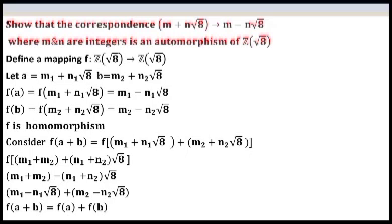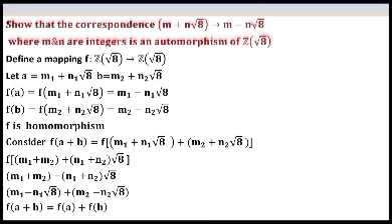Let a is equal to m1 plus n1 root 8 and b is equal to m2 plus n2 root 8. f of a is equal to f of m1 plus n1 root 8 is equal to m1 minus n1 root 8. Similarly, f of b is equal to f of m2 plus n2 root 8 is equal to m2 minus n2 root 8. This is by definition.